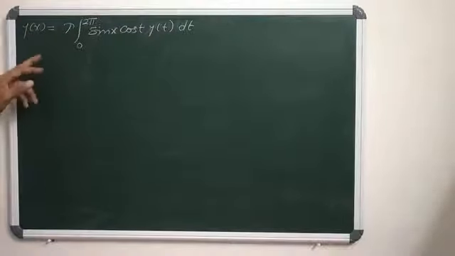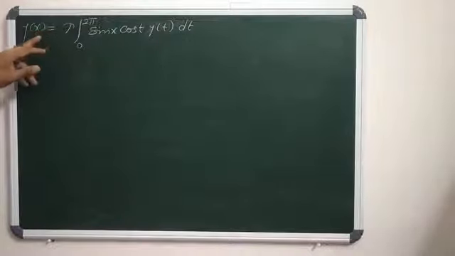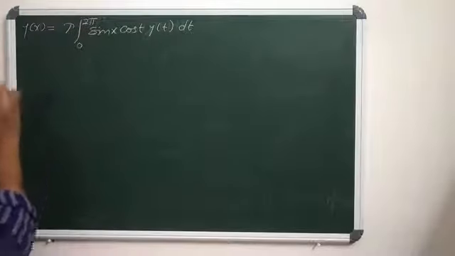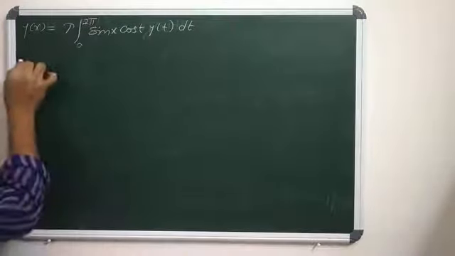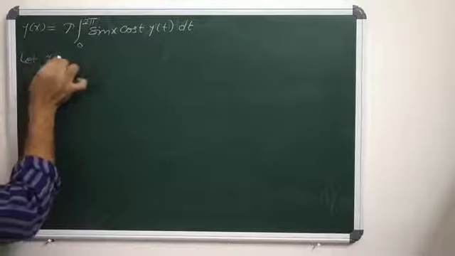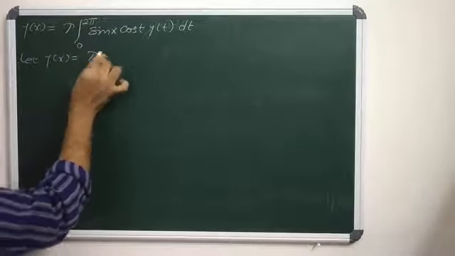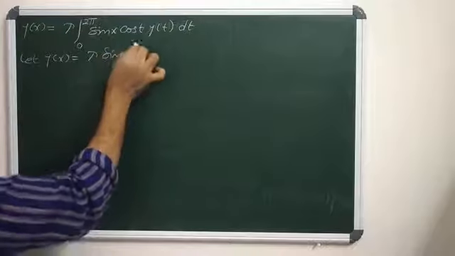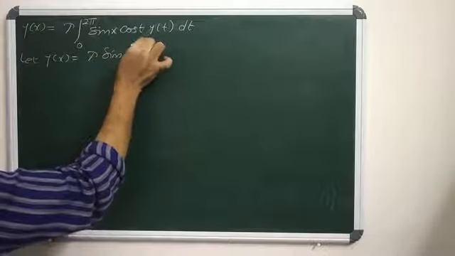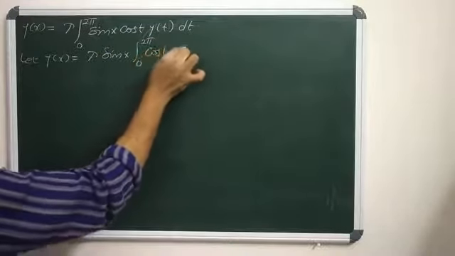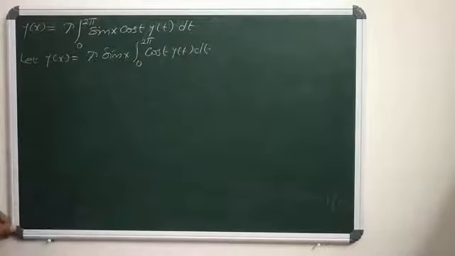So here this is a Fredholm homogeneous integral equation. Why? f of x equals 0. It is of the form g of x equals lambda integral a to b k of x, t g of t dt. So here let y of x equals lambda sin x into integral 0 to 2 pi cos t y of t dt.